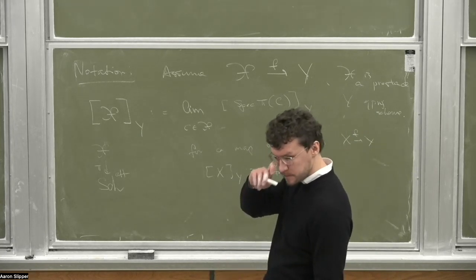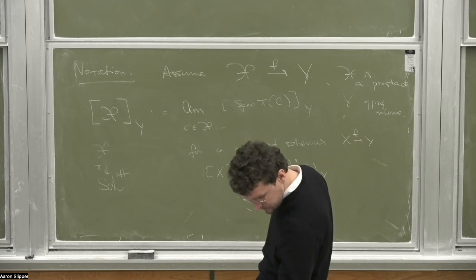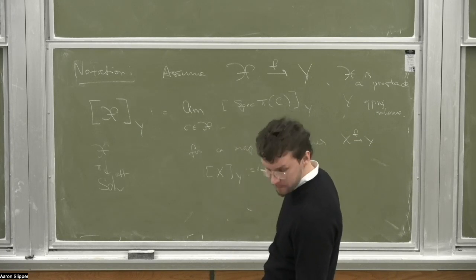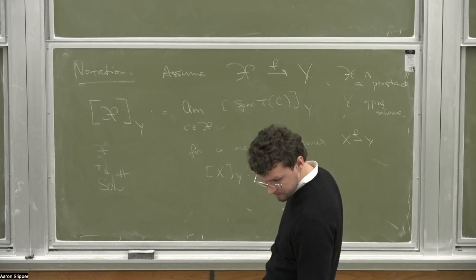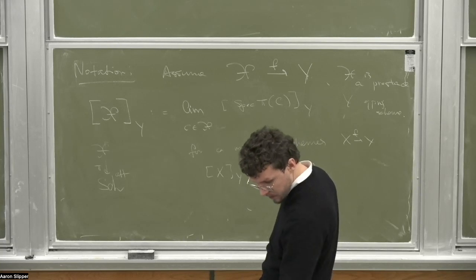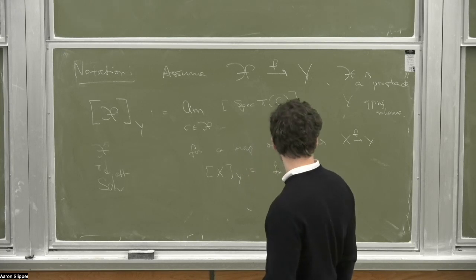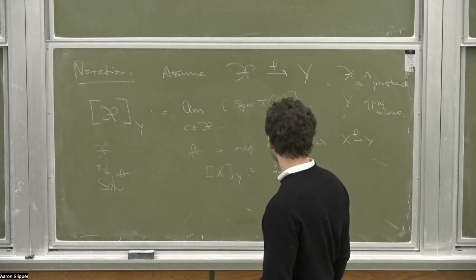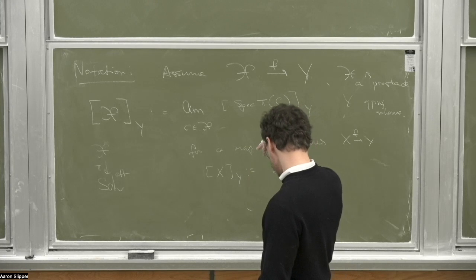For example, if X is the Ran space and Y is a point, what is it? Well, let's see.